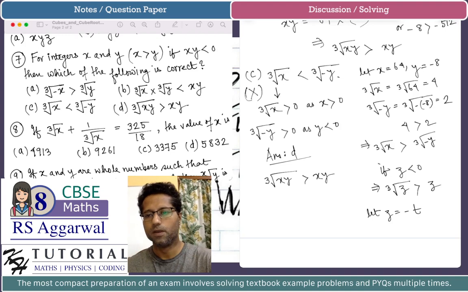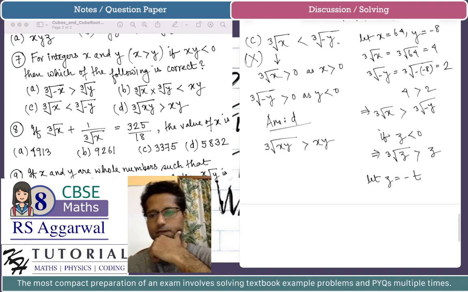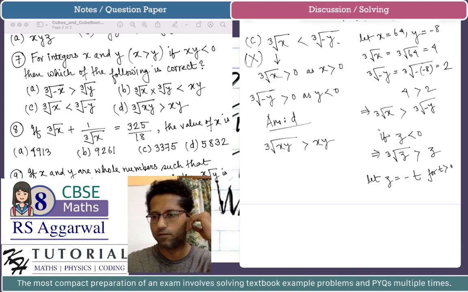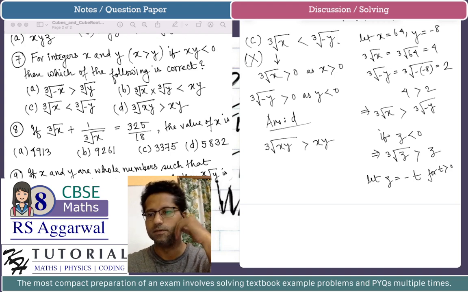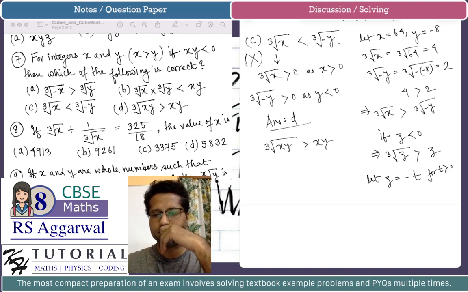Why is this so? If z is less than 0, we can assume z to be equal to minus t, for some t greater than 0. So t is a positive number, and minus t will be a negative number. So we are assuming that z equals minus t.